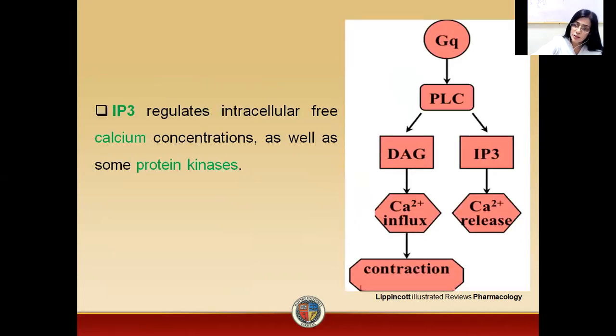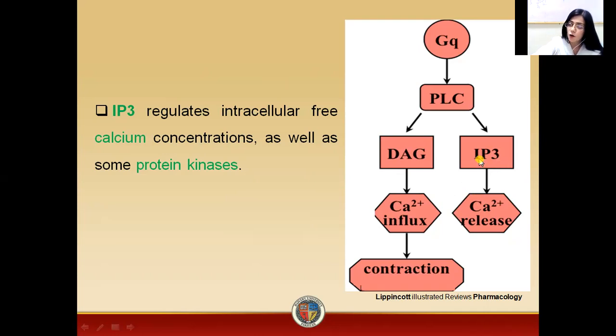Now, additionally, these two messengers have the ability to cause calcium influx and release calcium within the cell. This DAG will result in influx of calcium through a calcium channel from outside of the cell to the inside of the cell. And this IP3 will then release the calcium which is present in the endoplasmic reticulum, and this endoplasmic reticulum is in the cytosol.